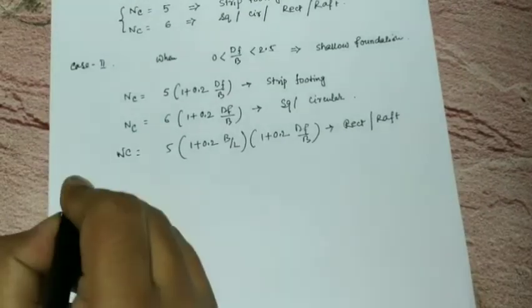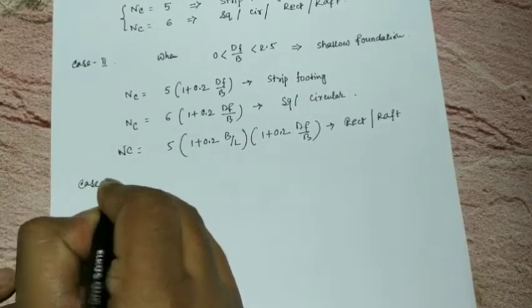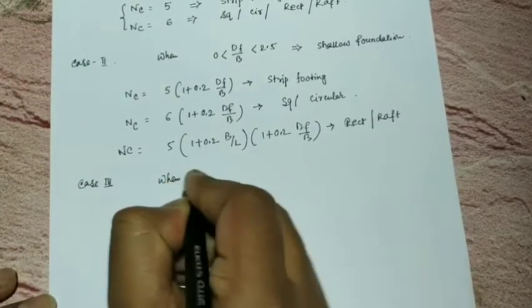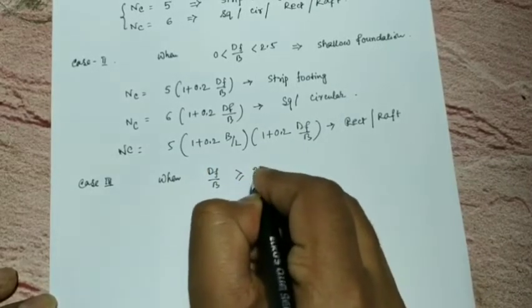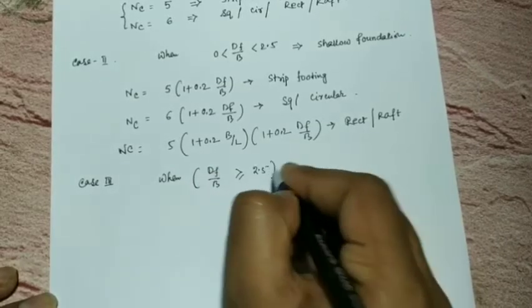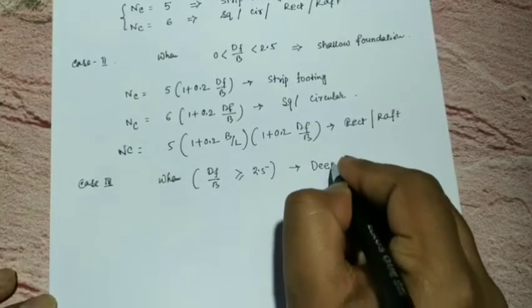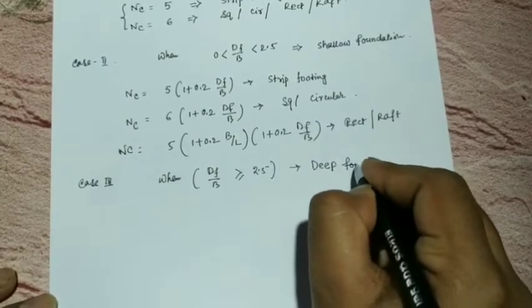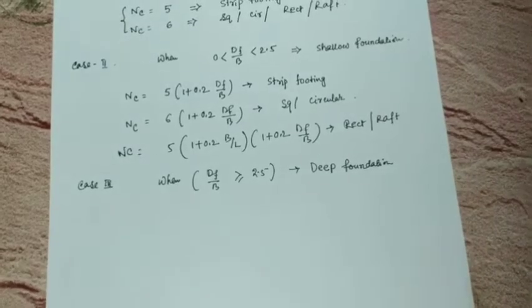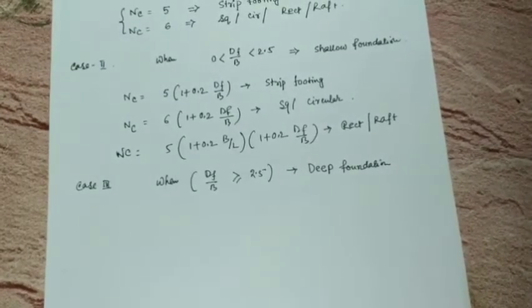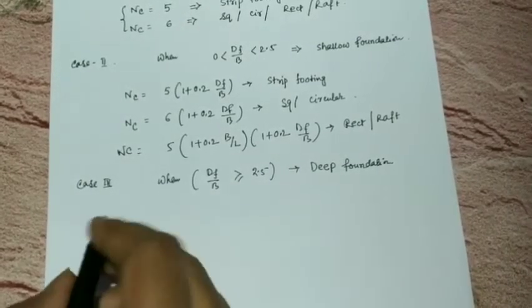Case 3: when the Df by B ratio is greater than or equal to 2.5. This is the condition of deep foundation. What will be the value of Nc?